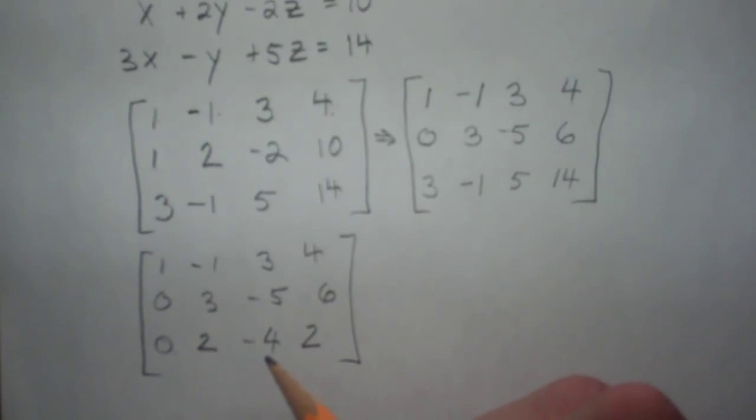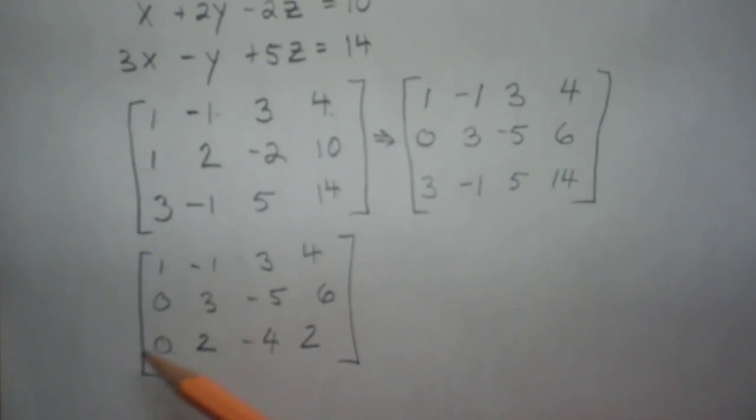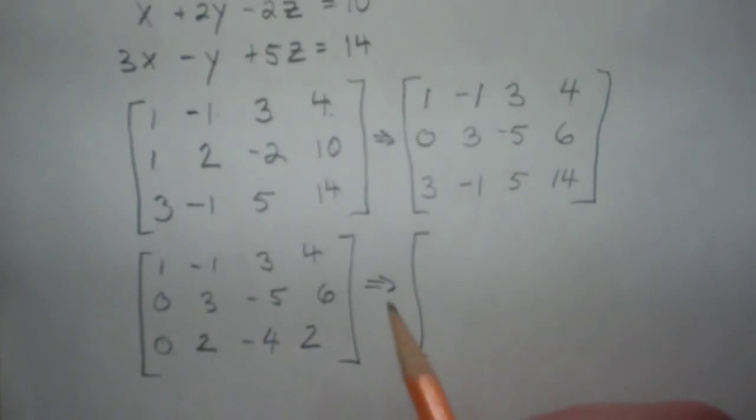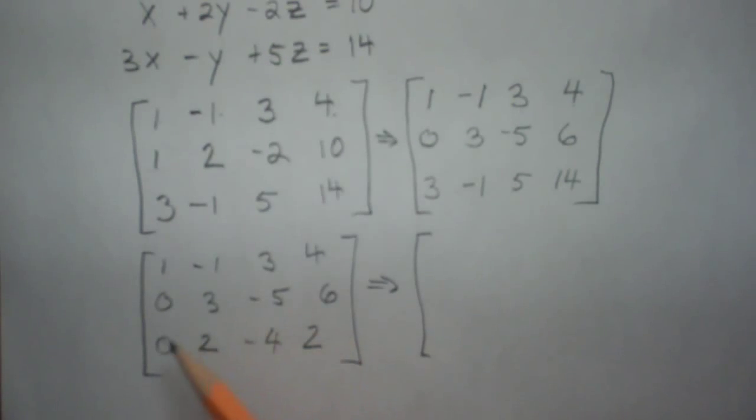I think it will help now if I see that every entry in this row happens to be a multiple of 2. Let's divide through by 2. That has the advantage of making things simpler and also changing one of the entries into a 1, which is always desirable. So I'm going to rewrite this augmented matrix so that the bottom row is divided through by 2.